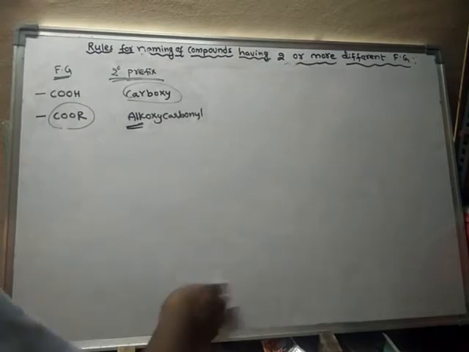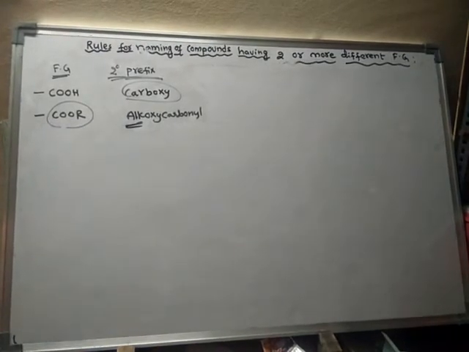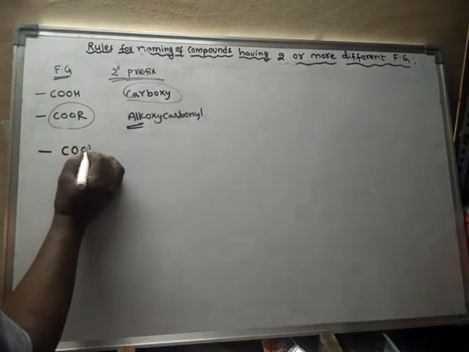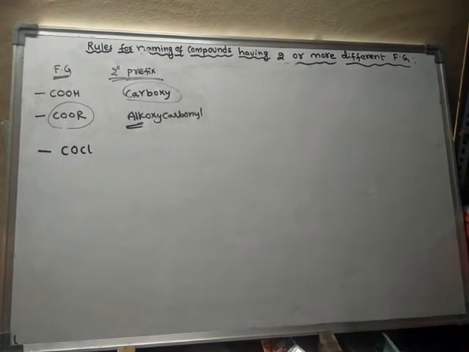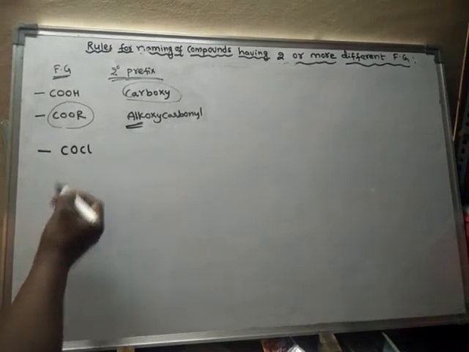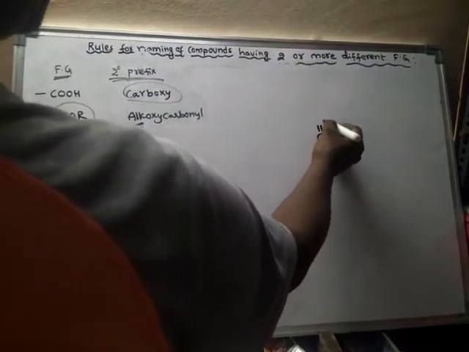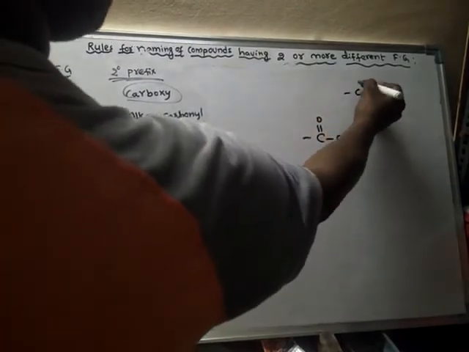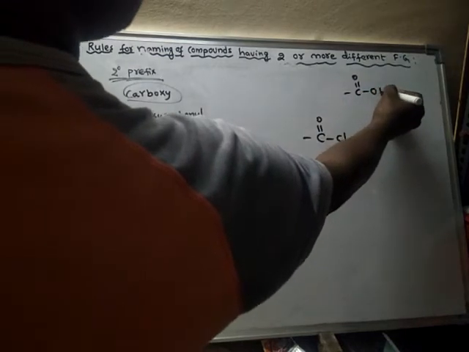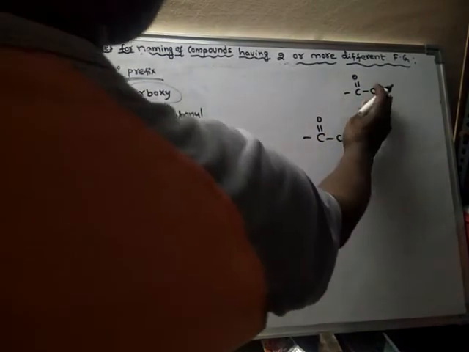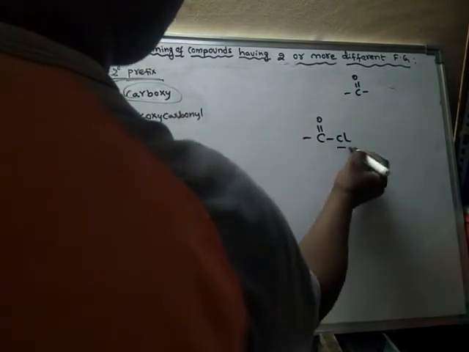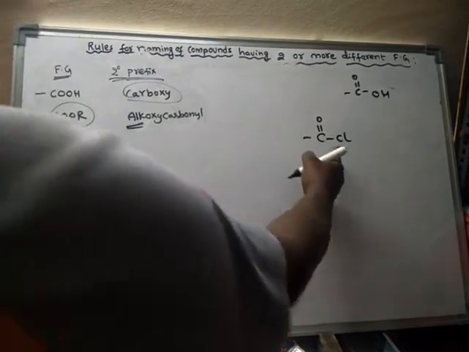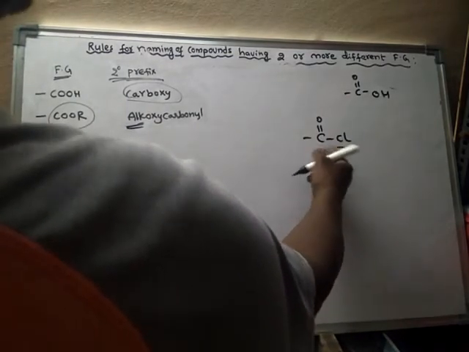Now the next one, acid chloride. It is chlorocarbonyl, COCl. Actually, this is a carboxylic acid. If the OH of the carboxylic acid is replaced by chlorine, then it is said to be an acid derivative.